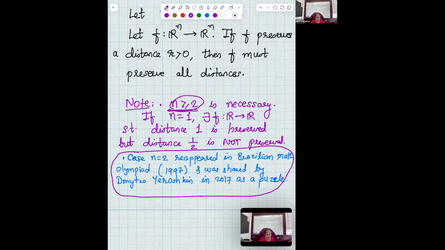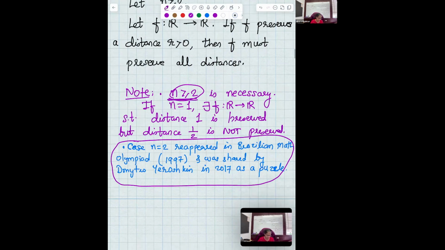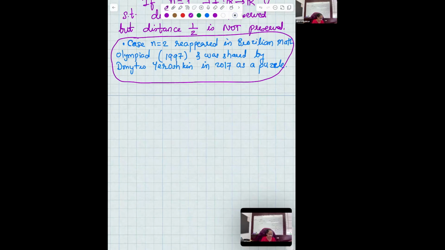So now a question is: what are the other metric spaces that have the preserve one, preserve all property? Okay, so that's the question. So we are going to define this.